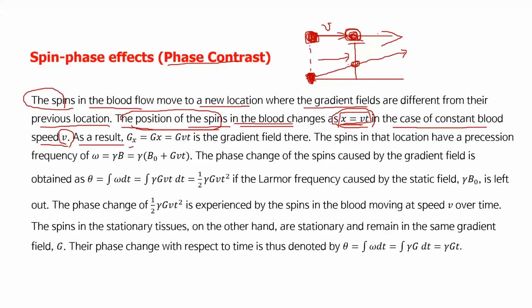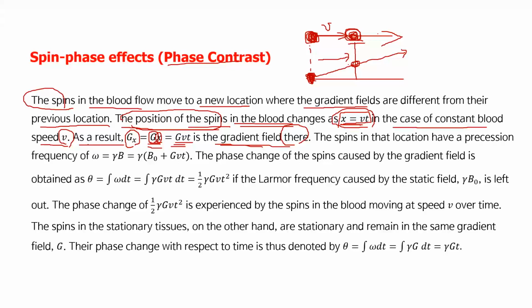Gx, where G is the slope of the gradient and x is the position of the spins in the rod, then we can have Gvt as a gradient field there. As a result, the field is changed.